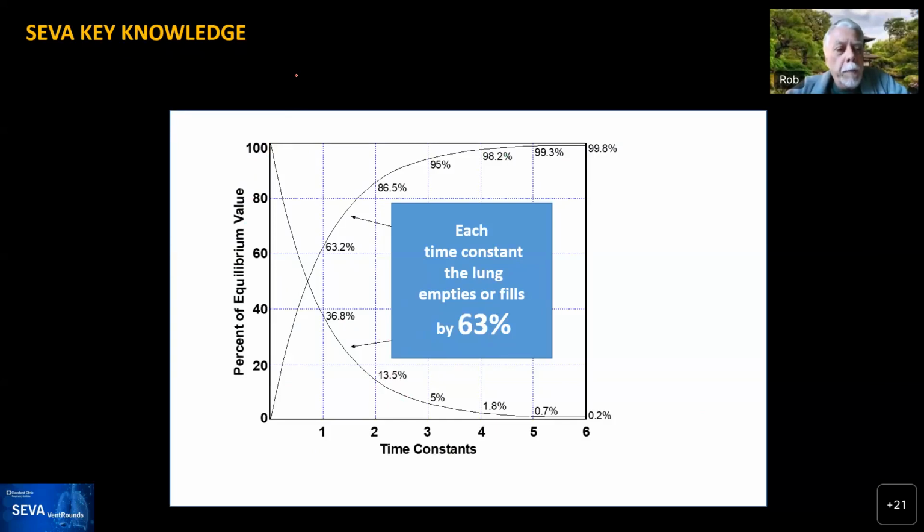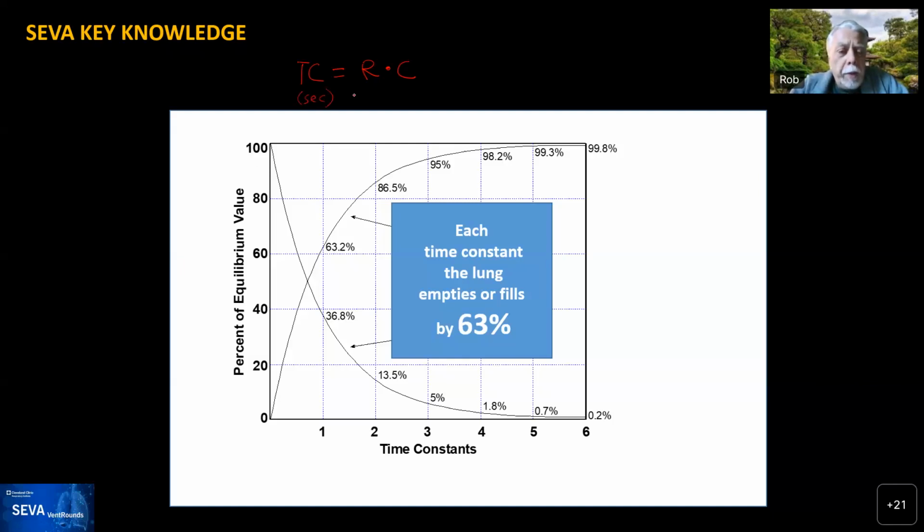So for example, the curve that's going up and to the right, the rising exponential, would represent inspiratory volume during pressure control. And the same thing for the expiratory flow coming down, the exponential curve coming down. So the point is that a time constant is a unit of time.